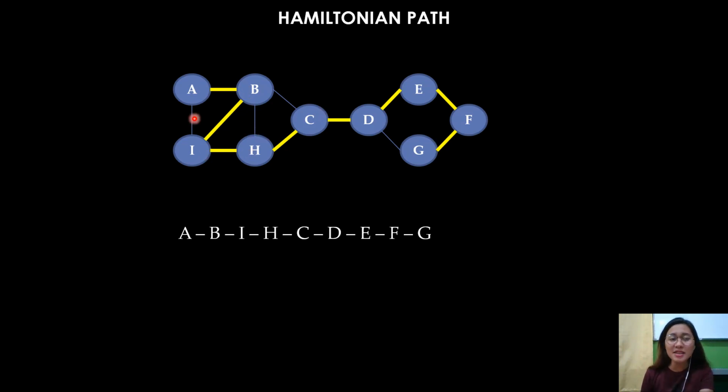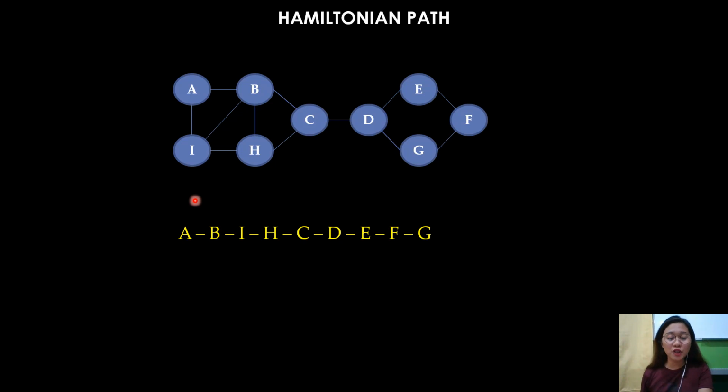We don't necessarily need to visit all the edges of the graph. The important thing in Hamiltonian path is that you need to visit all the vertices of the graph exactly once.